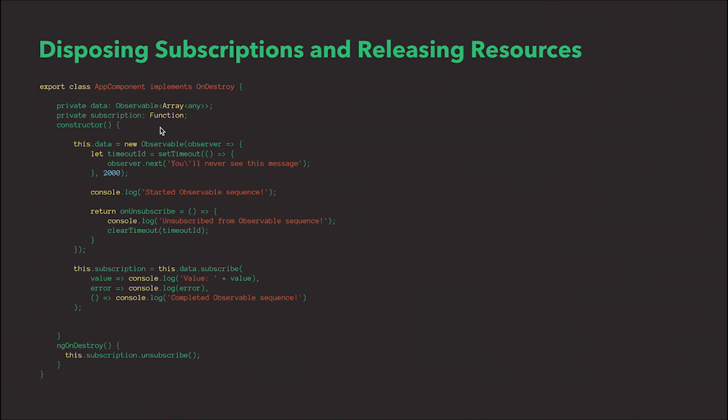The way you do that is, when you define your observable, the last thing you need to return from it is the on-unsubscribe method. If you're setting timeouts within that observable, you have a chance to clear that timeout using this unsubscribe. So when you call subscription.unsubscribe, not only does it dispose of the observable, but it also fires this unsubscribe method so that anything that needs to be cleaned up within the observable, you have a chance to do that.